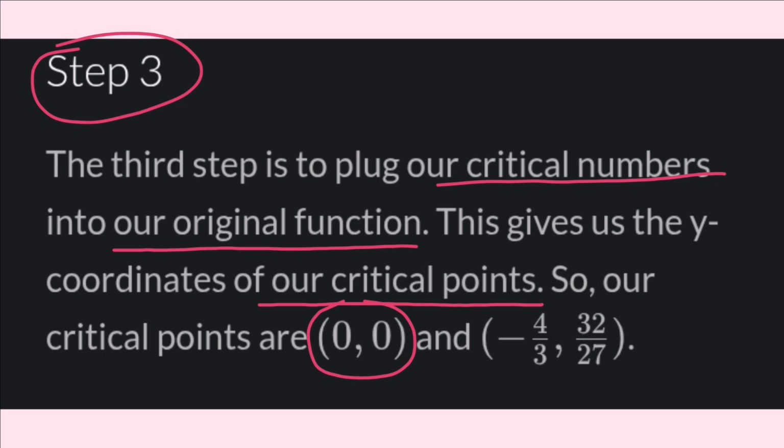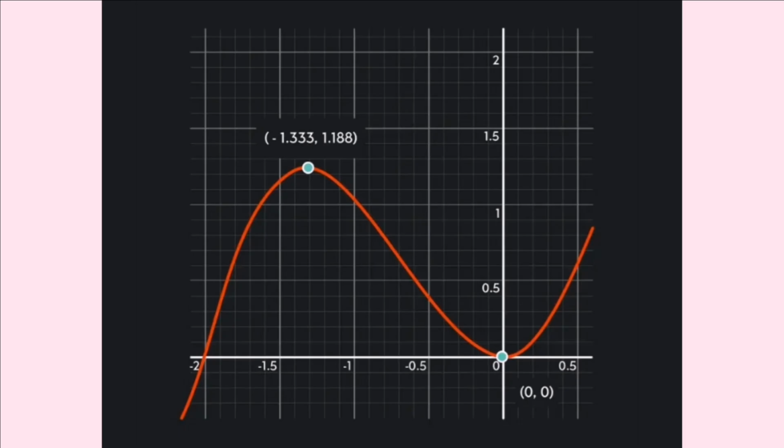And if we plug minus 4 by 3 into the original function, we get the y coordinate 32 by 27. So this is another critical point. Now on the graph, this is the critical point on which relative maxima occur, and this is the other critical point on which relative minima occur.